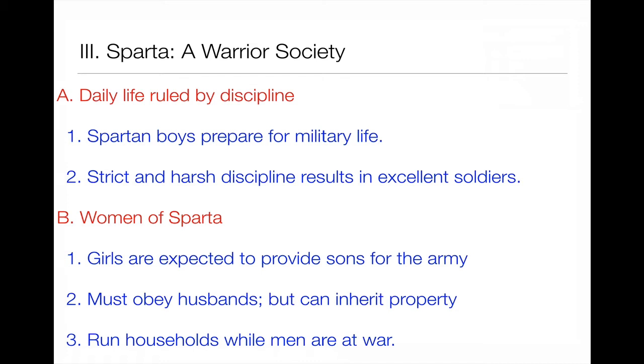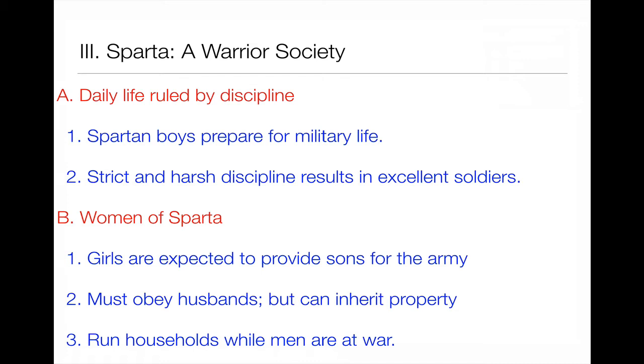And so that was very high on their priority list within their culture, their civilization. And so the women had to produce strong children to be able to accompany that.